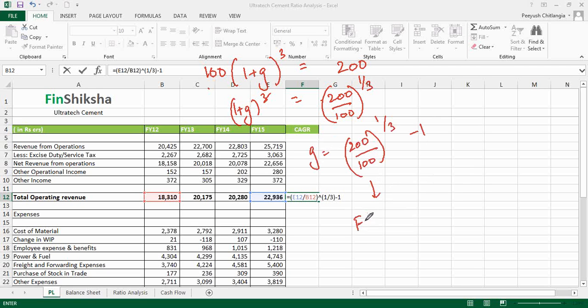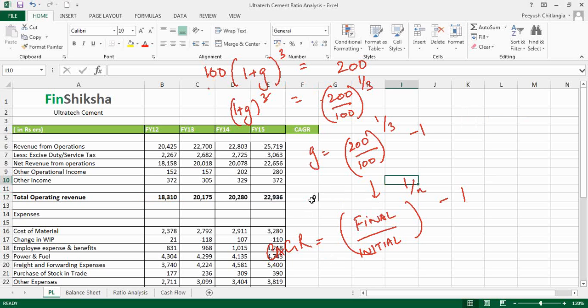Make it generic: the final value divided by the initial value raised to the power 1 by n, minus 1, is going to give you the CAGR. Correct? That's the formula that we have plugged in here. Final by initial raised to the power 1 by 3 because there are 3 years. And that gives us the calculation.